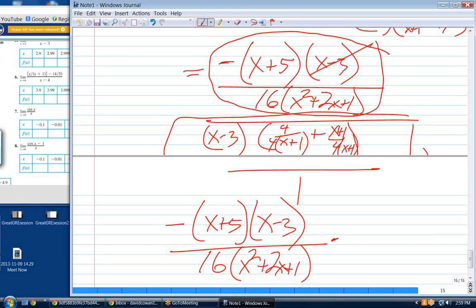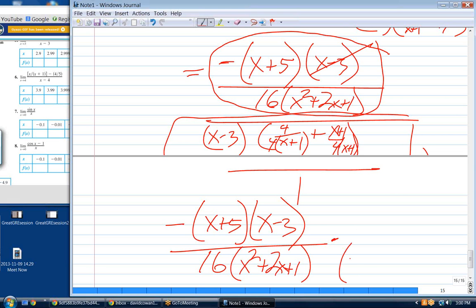Let's see, that was 4 plus 1. It is now 4. And it's in the, oh man, let's see, that is x plus 5 in the numerator.